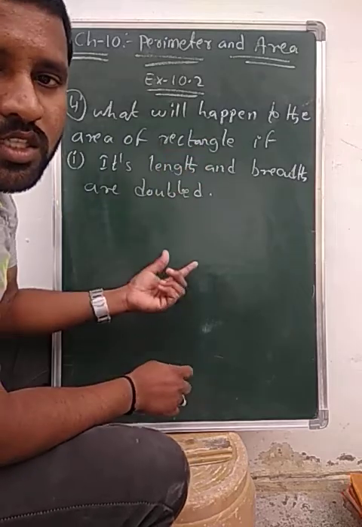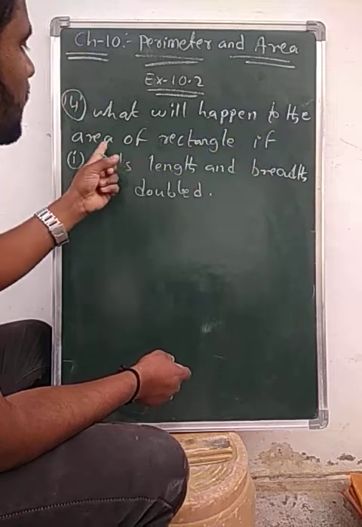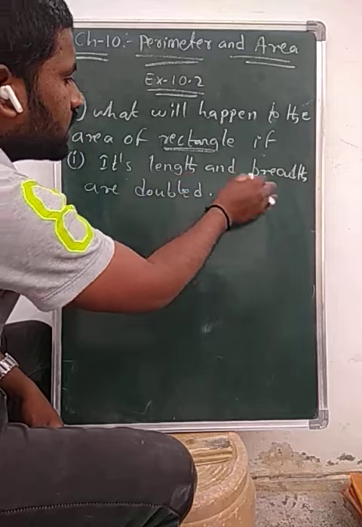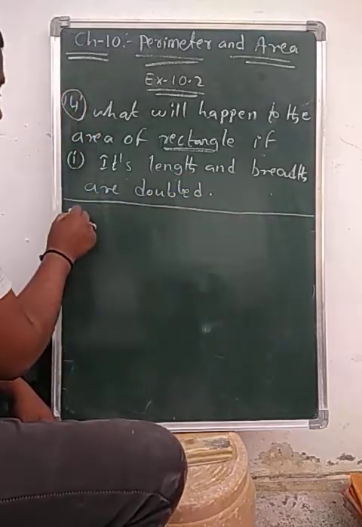Okay, so this is the question. What will happen to the area of a rectangle if its length and breadth are doubled? Now see its solution.